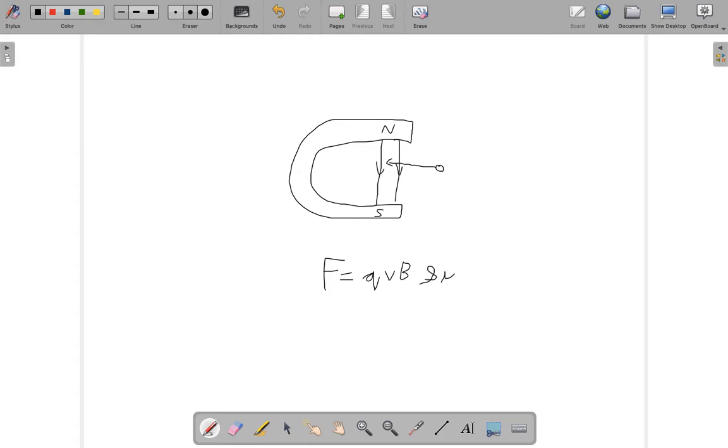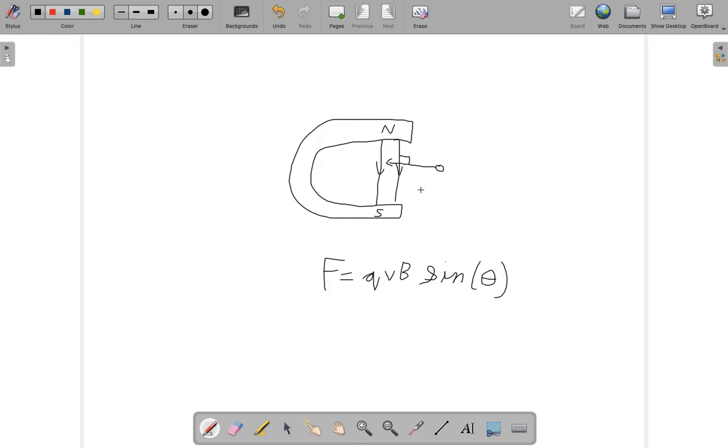sine theta. Sine theta is the angle between the magnetic flux lines, or the line showing the direction of the magnetic field, and the direction in which the electron is moving. In this case, it's a right angle. So sine theta equals 1, it's just QVB.